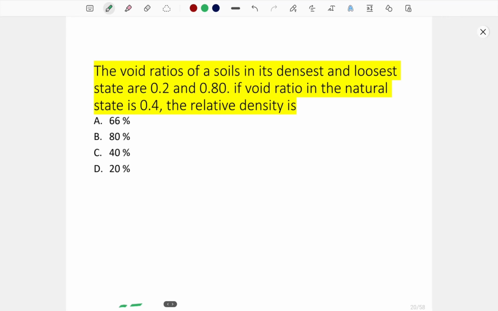The void ratios of the soil in the dense state and looser state are 0.2 and 0.80. If the void ratio in the natural state is 0.4, what is the relative density? Basically we need to talk about ID. ID can be known as e maximum minus e, that is the natural one, divided by e maximum minus e minimum.